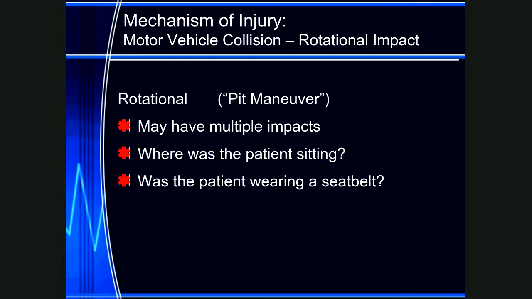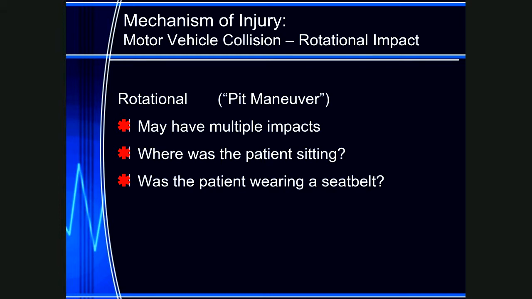started happening. Ask if the patient was restrained or wearing a seatbelt. Because if they were, chances are they're in the same position, but depending on how fast the rotational's going, they could be thrown out.